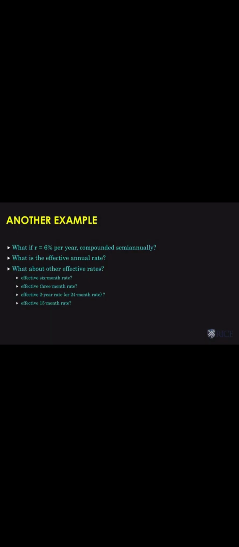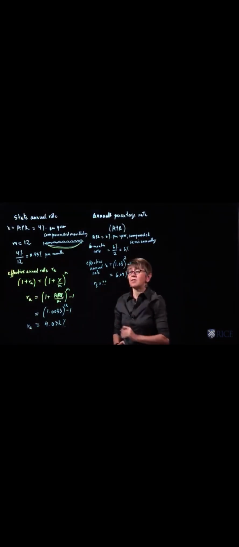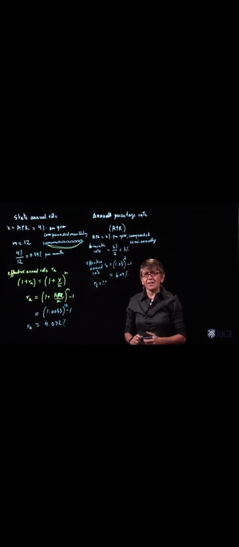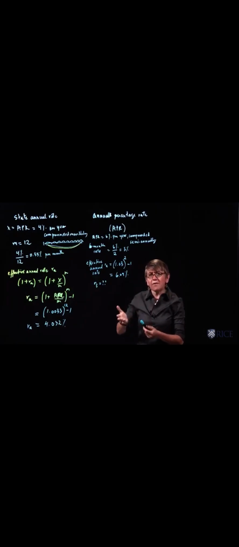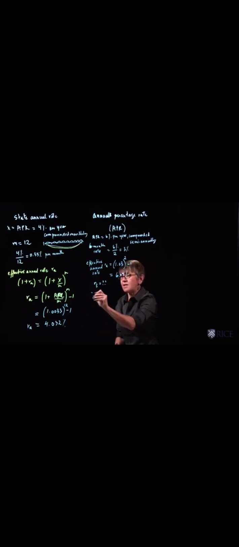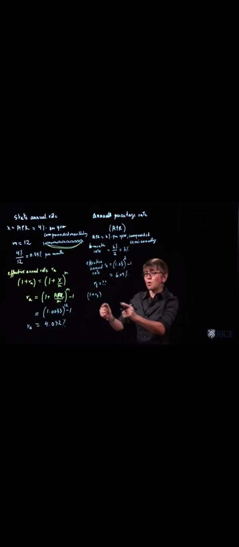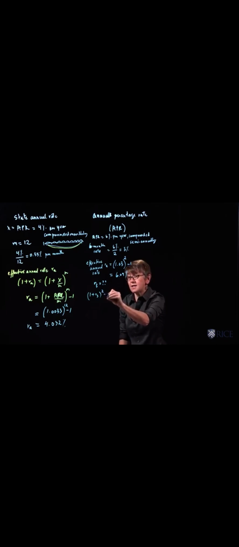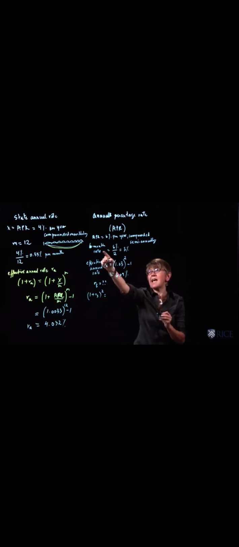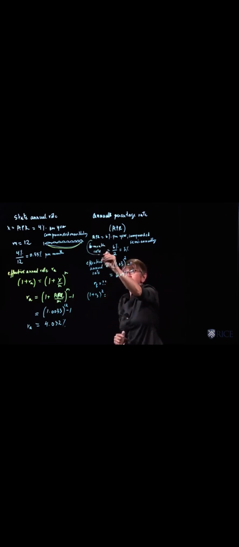We can still find other effective rates. Let's, for example, find the 3-month effective rate. Think about it. What we're really looking for is a rate such that when it's compounded over 6 months, in other words twice, it will give us the same rate as the 6-month rate, which is 3%.